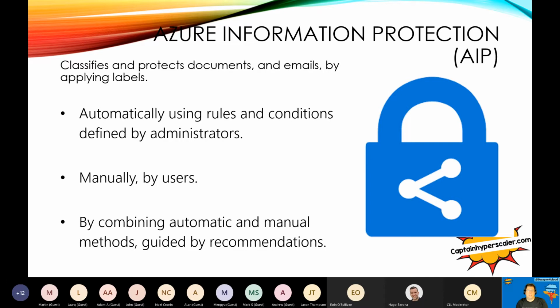The key things to know around information protection is what it provides: you can identify information such as personal identifiable information, personal health information, or GDPR information, and put policies in place that automate those rules and conditions in terms of how that's handled, who has access to that information, what might be obscured from people when they access a document, what they can't see, have it redacted automatically or blocked completely from users, as well as manually.